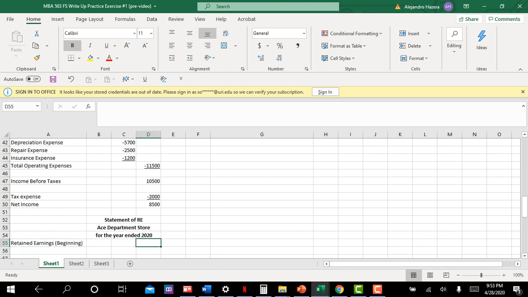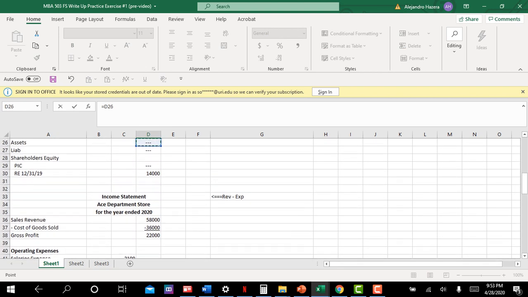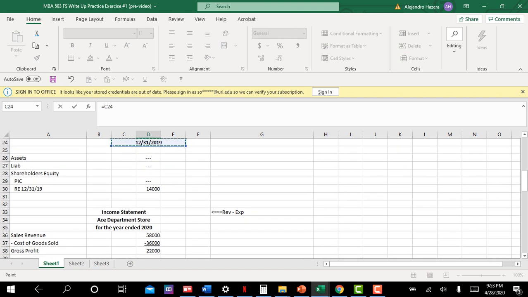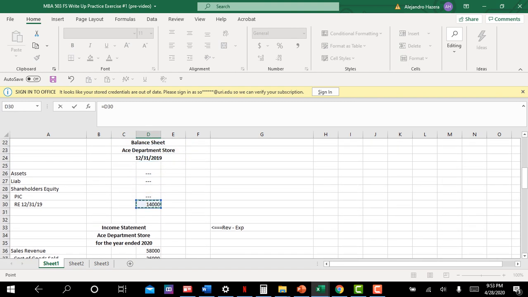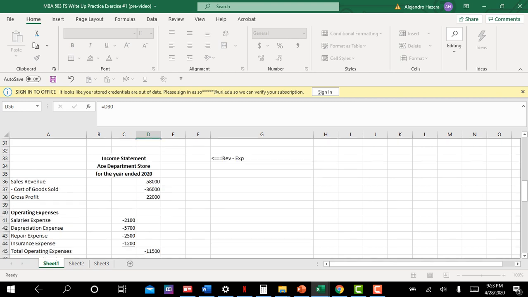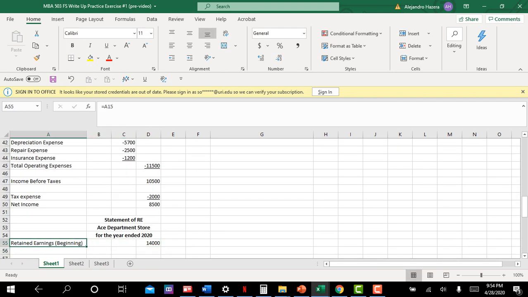Now I want to emphasize this: you draw your beginning retained earnings from last year's ending retained earnings. So you have to go back to your balance sheet. That's why I put this little fake balance sheet up here, to emphasize that you go back to your 12/31/2019 retained earnings, which are the ending retained earnings for 2019 but the beginning retained earnings for 2020. That's what your beginning retained earnings would be equal to.